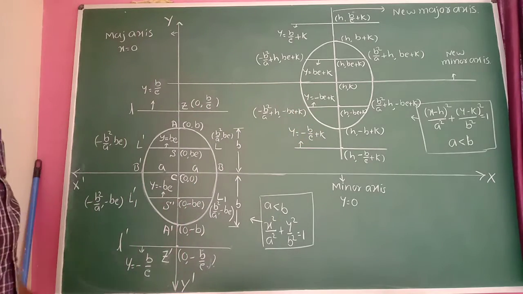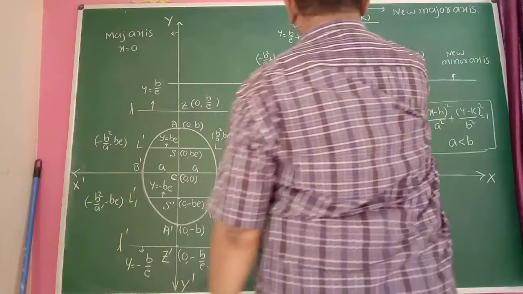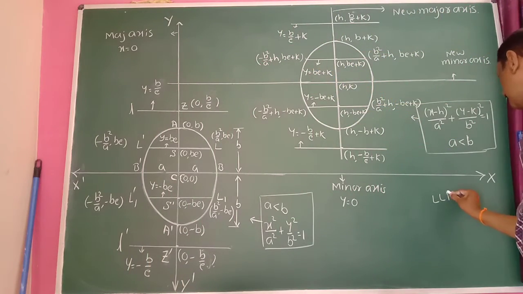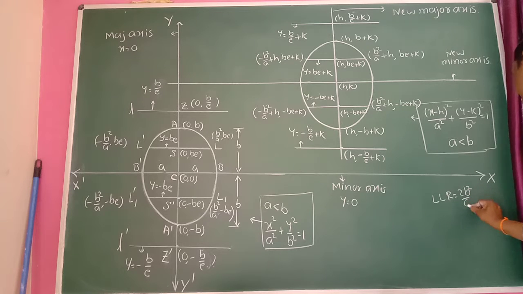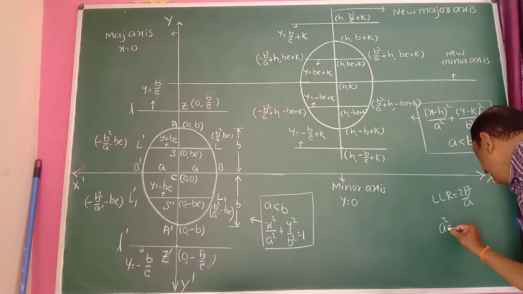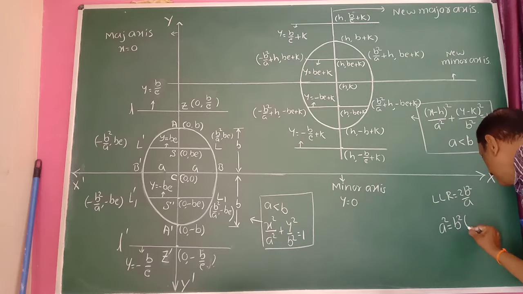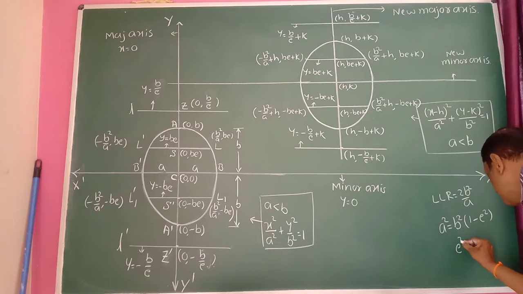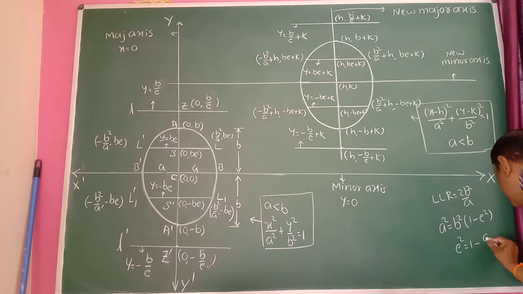Okay, and again here the length of the latus rectum is the same: 2b square divided by a, and the eccentricity is obtained by a square is equal to b square into 1 minus e square, or e square is equal to 1 minus a square divided by b square.